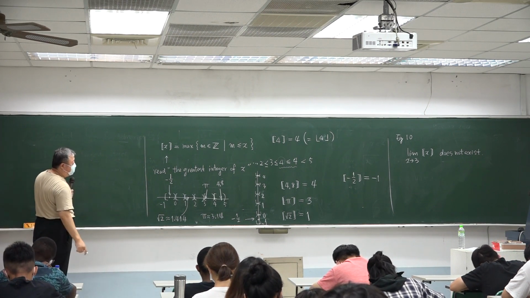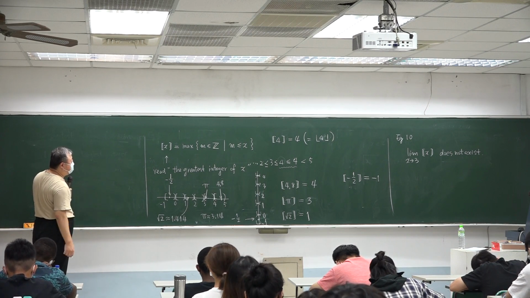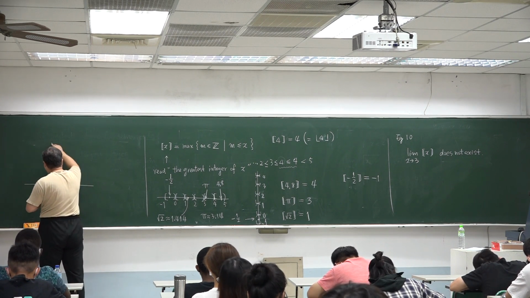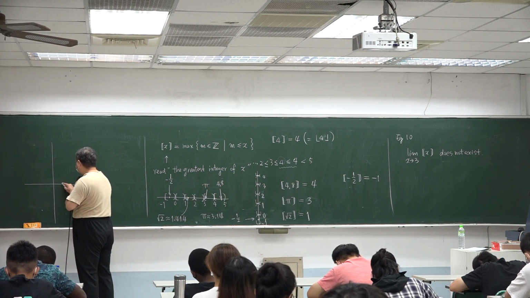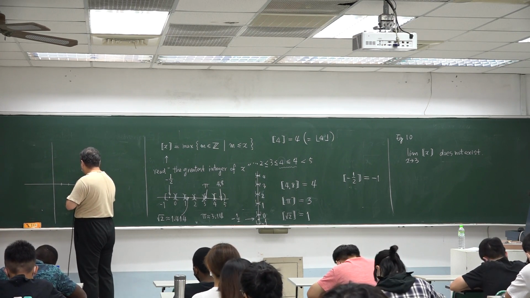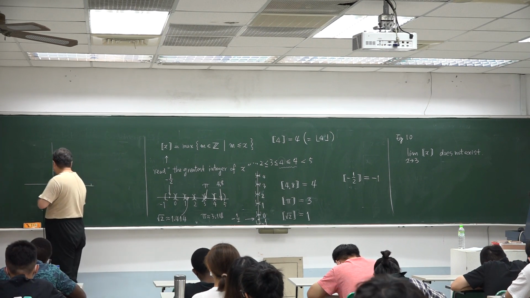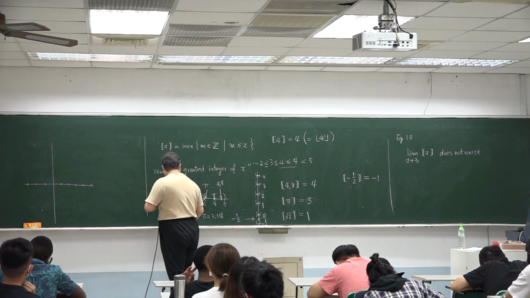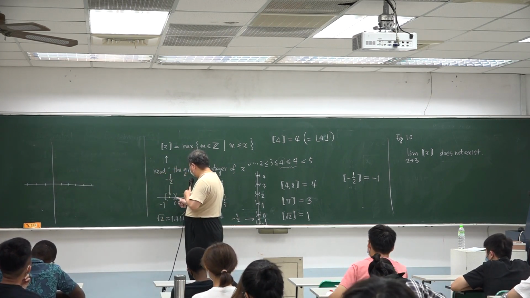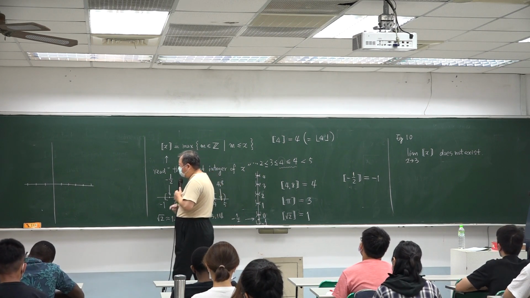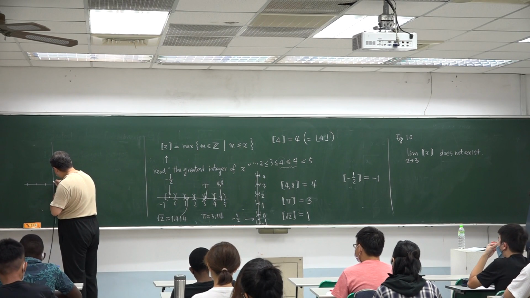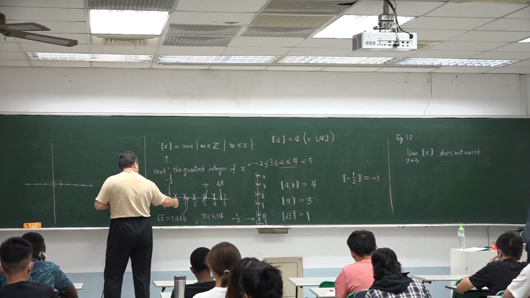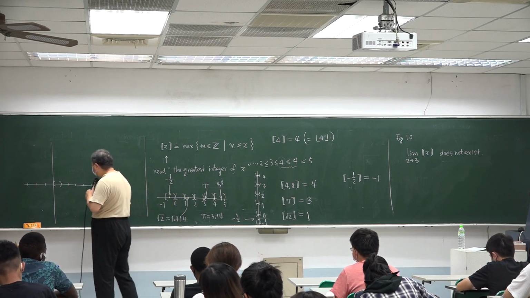Before doing this, I would like to sketch the graph of the greatest integer function. When x is between 0 and 1, 0 is included, and the values are all 0, the left endpoint of this half-open interval.